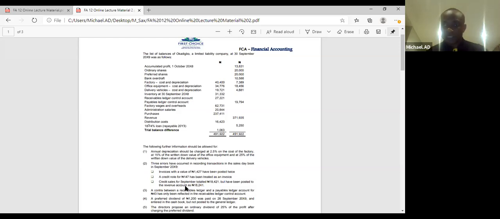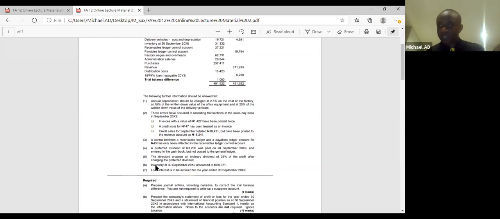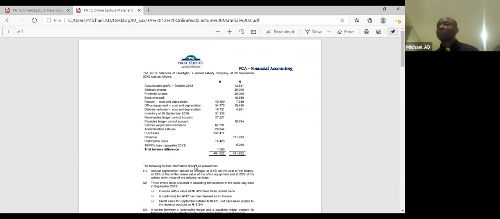Or what do they call it? Yeah, is it stock? Okay, inventory. Sometimes they can call it stock, but basically, according to this new standard, IAS 1, it's known as inventory and not stock.